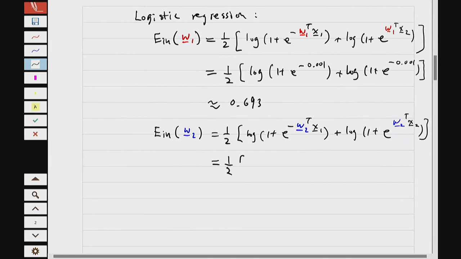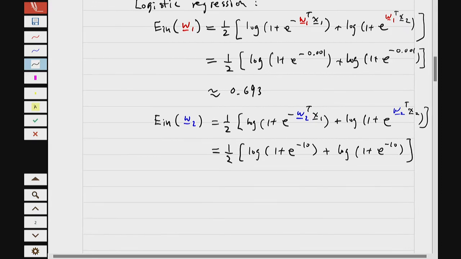Then substituting the numbers, we already know W2 and we also know x1, x2, so this is 1 plus e to a huge negative power. Now you pick up the other dimension, the second dimension, so the 10 shows up here, or minus 10.